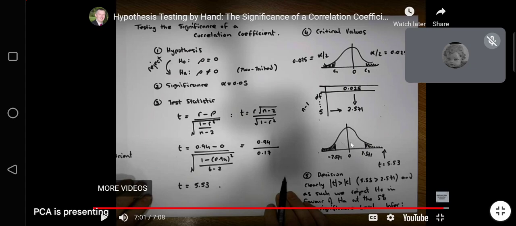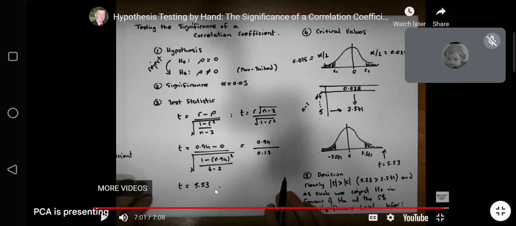Then you actually accept the null, which means you say there is no significance. Did you get that? So for this one, you reject it. Got it? You reject it.